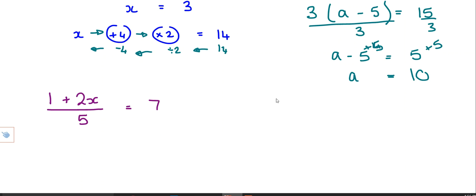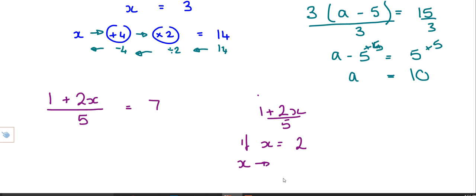I'm confused. So my thought process would be, if I start with 1 plus 2x over 5, and I say, right, if x equals 2, for instance, what would I do to give this a value? So I would take x and do what?